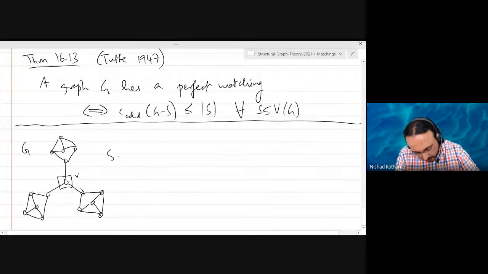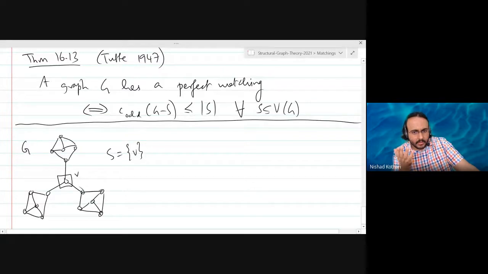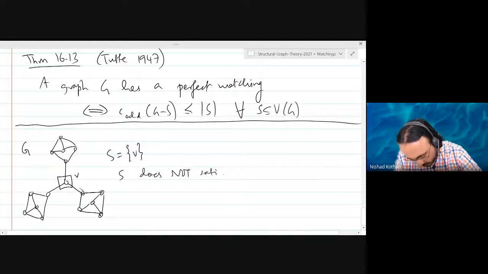If you take S as the set containing just one vertex, v, the number of odd components is going to be 3, whereas you have deleted just one vertex. So this inequality does not hold for this set. Every component will be odd if we delete the vertex v.